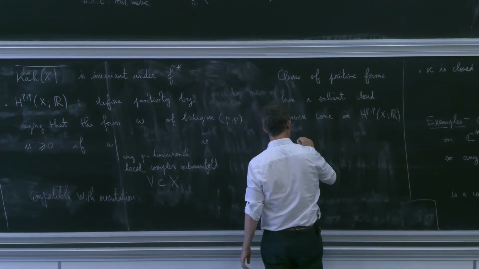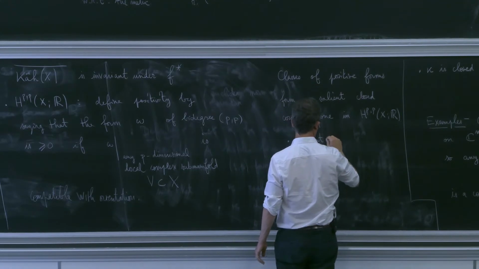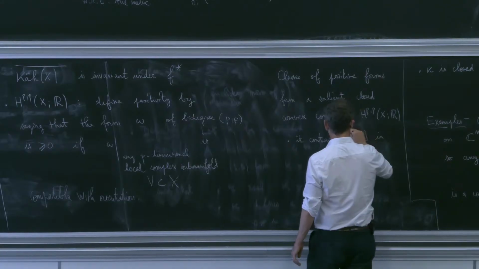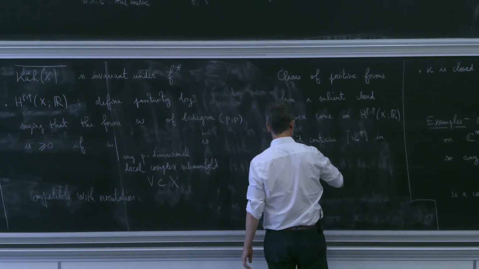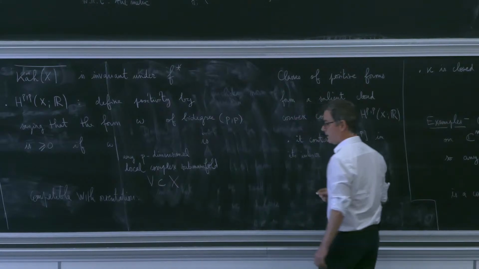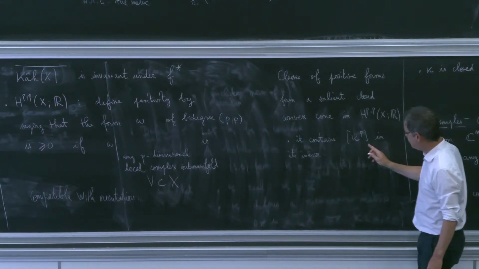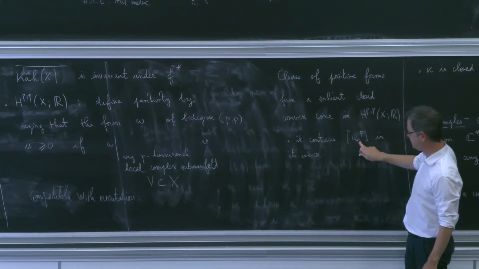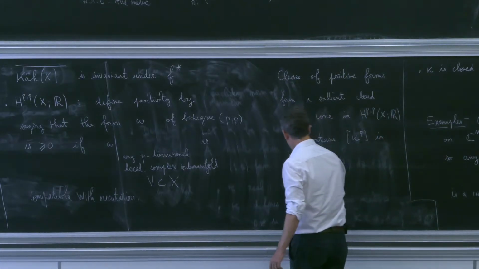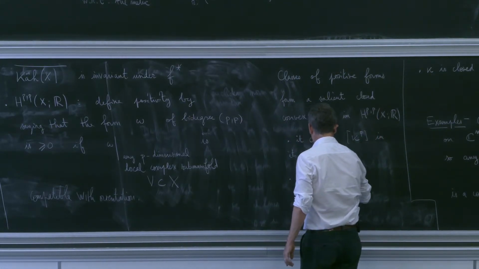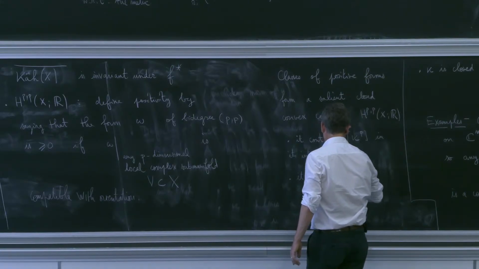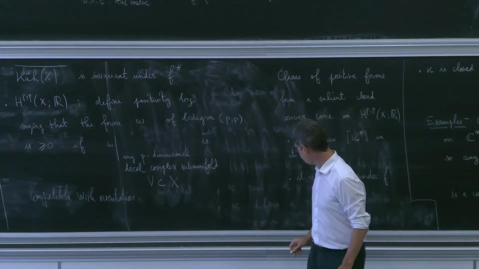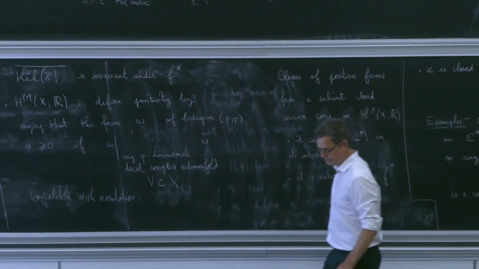This cone contains kappa to the p in its interior for any Kähler form. So first, its interior is not empty, so the cone generates H^{p,p}, and second, this is an example of a point in the interior, and third, it is invariant under F star acting on H^{p,p}.